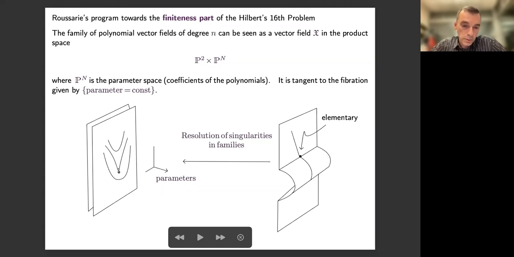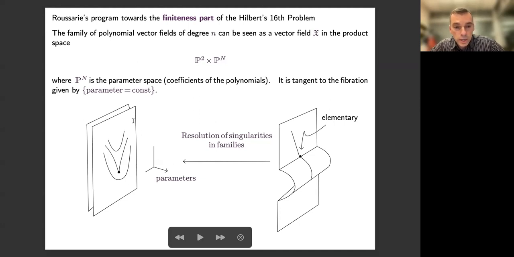Let's say a one-dimensional foliation on a two-dimensional plane, right? So the program for Rousseau consists of trying to simplify these singularities by a resolution of singularities in families, right?